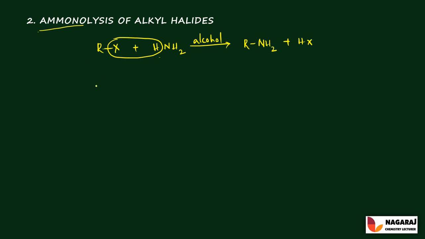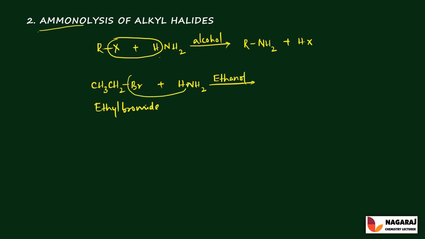For example, let us take CH3CH2Br, which is called ethyl bromide. This ethyl bromide reacts with ammonia in the presence of ethanol. So hydrogen is eliminated along with the halogen.